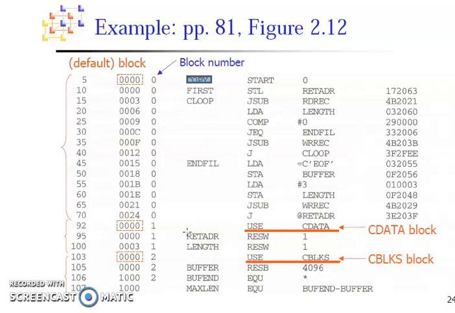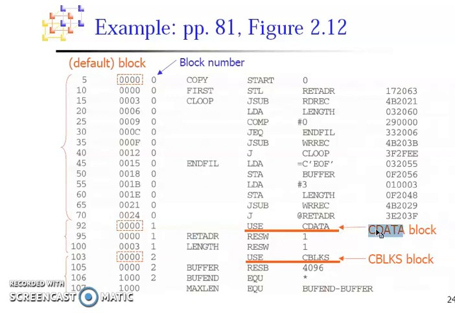Then some data will be stored, which is reserved for storing some small data. That will come under the next block, and in this program it is named CData.